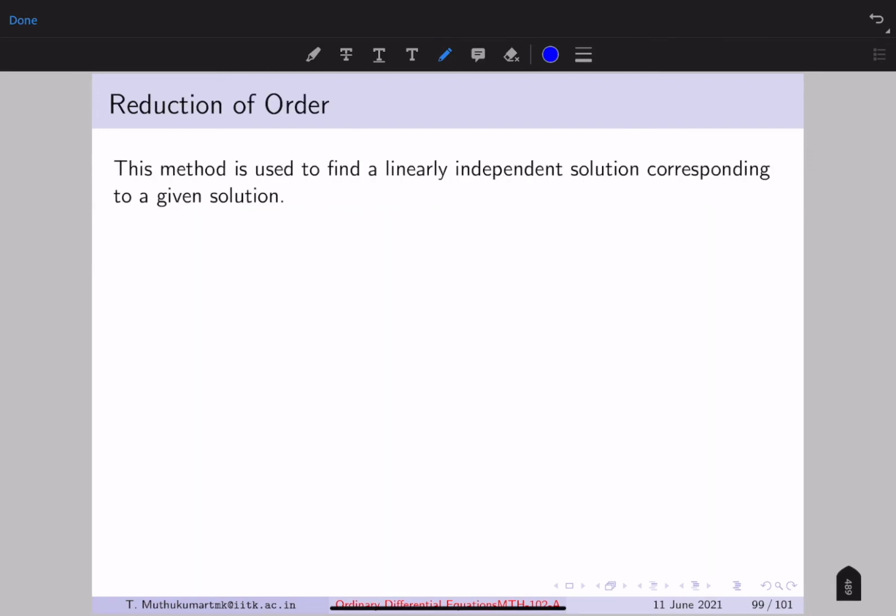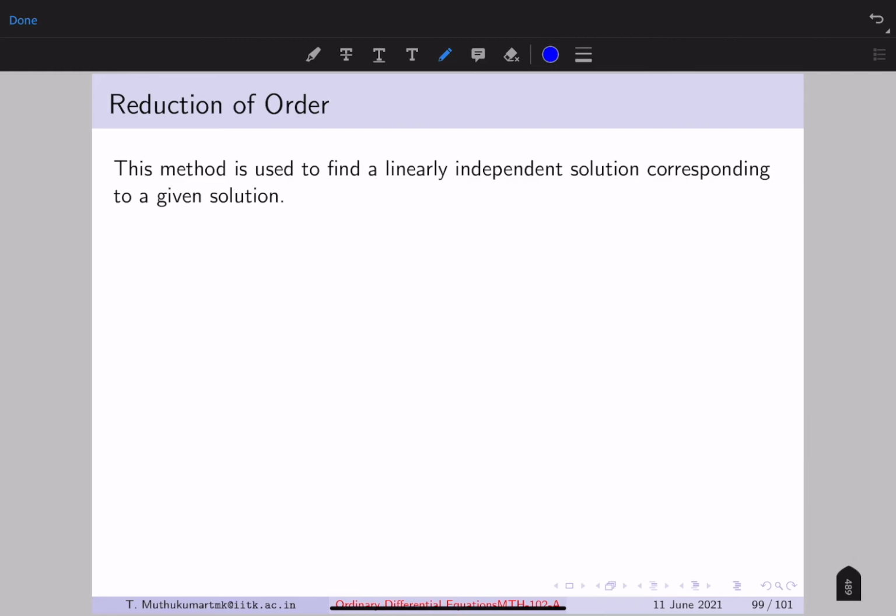Okay. Now we are going to introduce the technique of reduction of order. What is the reduction of order technique? This is a method where, if by some guess or hook or crook, some way you are able to guess or know one solution of a differential equation, then using that one solution you can find a linearly independent solution corresponding to that.